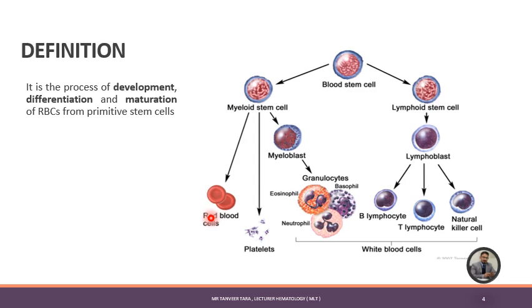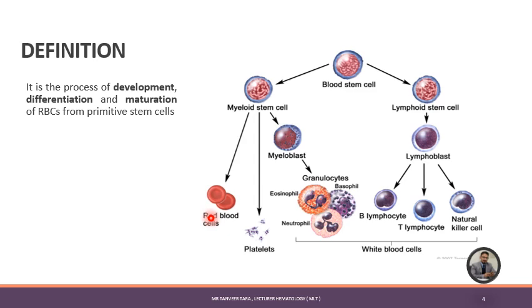What happens during this erythropoiesis? During this time, four mitotic divisions usually occur, and each subsequent division is accompanied by nuclear and cytoplasmic maturation.